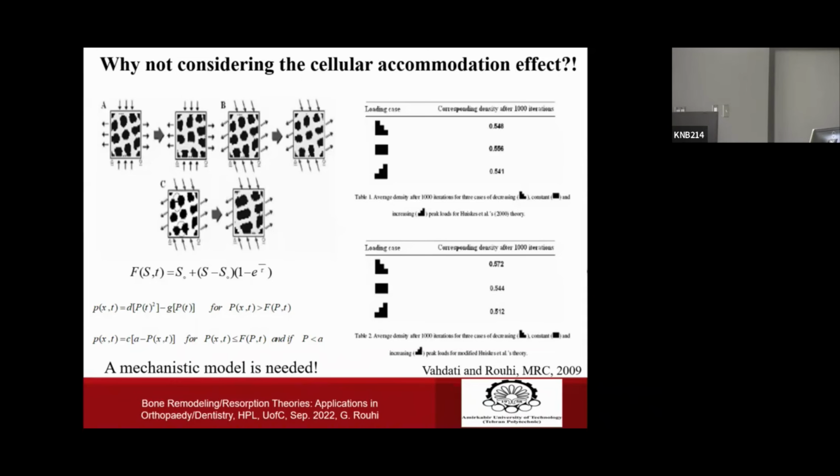They considered a constant, I think 20 or 30%, and they explained that since bone is a non-homogeneous porous structure, we cannot predict where resorption will be initiated. So they considered a constant.